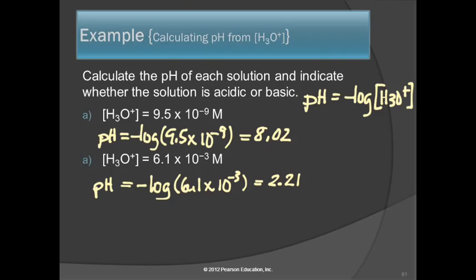Because if the hydrogen ion concentration is 9.5 times 10 to the minus 7 molar, the pH will be 6.02.